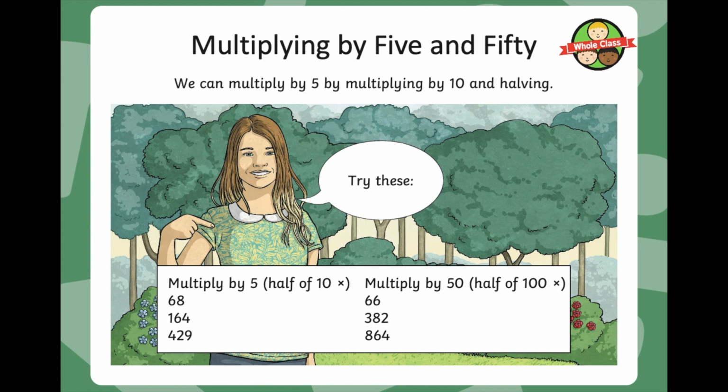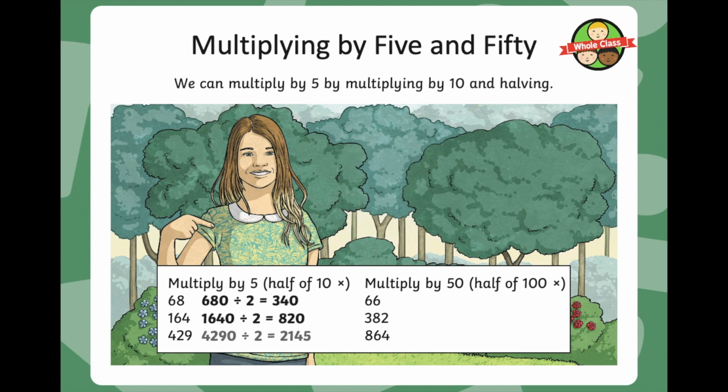How did you get on? As you can see here, we've multiplied the numbers by 10, then divided by 2. So 68 times 10 is 680, divided by 2 is 340. 1,640 divided by 2 is 820. 4,290 divided by 2 is 2,145.